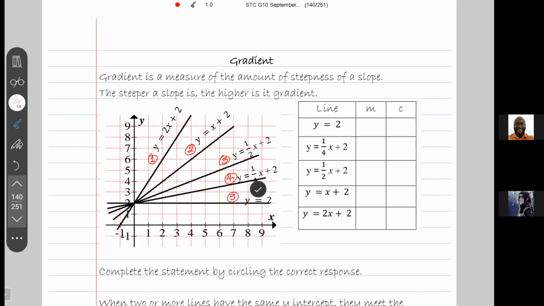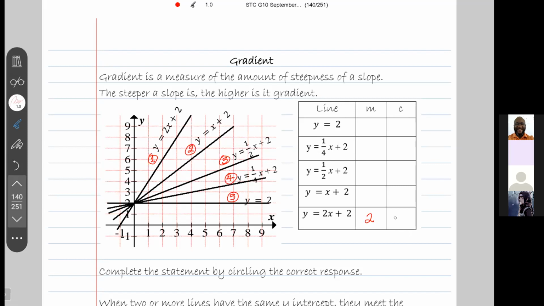Guys, what's the gradient of line number 1? Anybody? 2. Very good. What is the y-intercept for line number 1? 2.